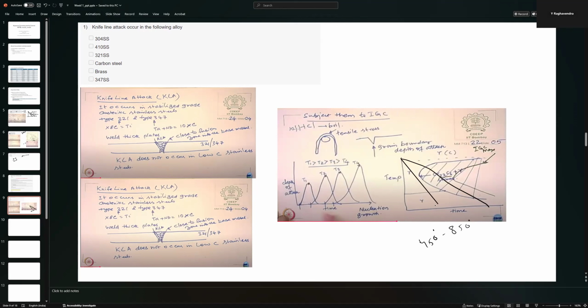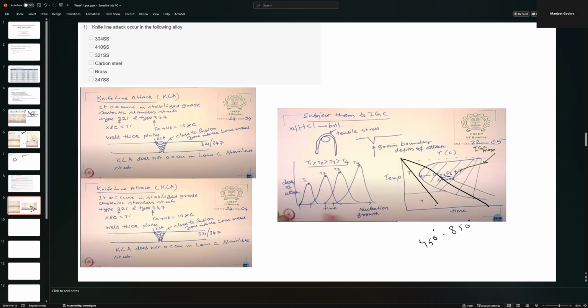It will form this. I have a doubt whether formation is there at all. If formation of Cr23C6 will not be there, then how can it move? Because the diffusion of chromium and carbon has to come and bind on the surface of the grains.